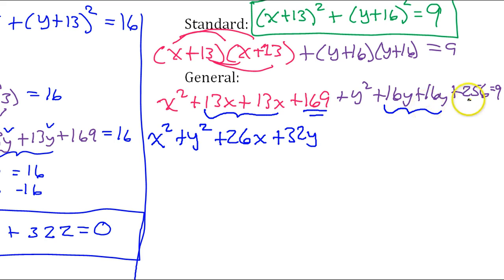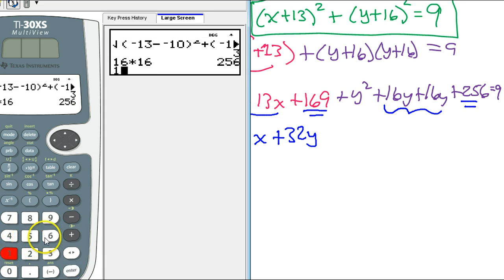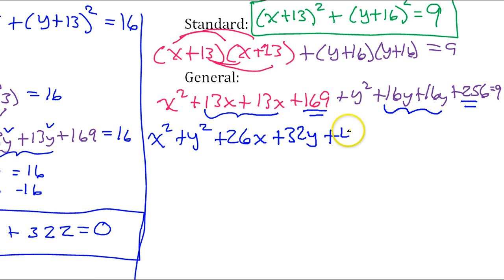Now looking at the constants, 169 plus 256. That's 425. That's equal to 9. But then we'll have to subtract 9 from both sides. And of course that's going to be 416.